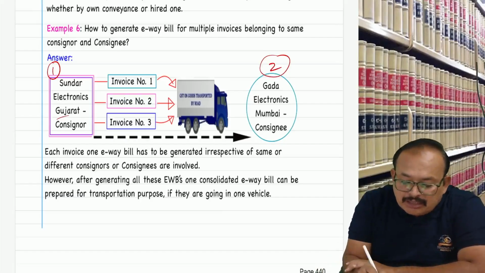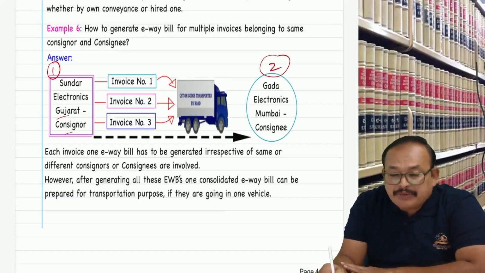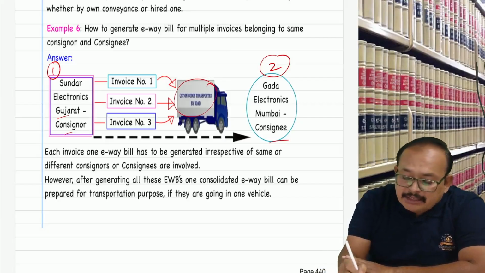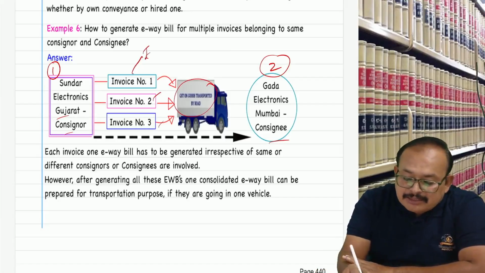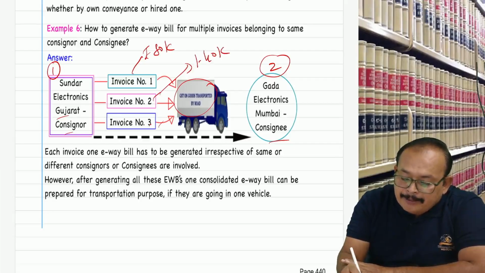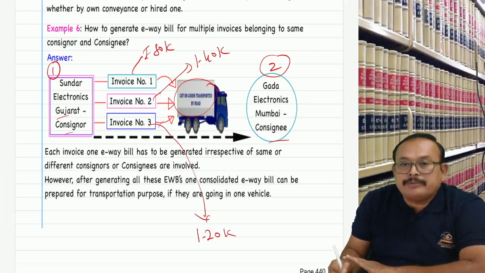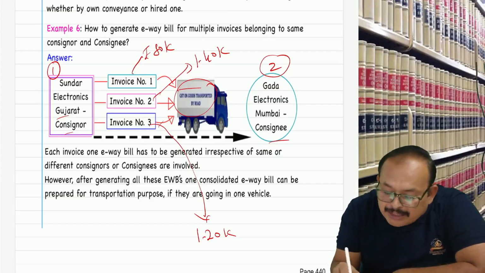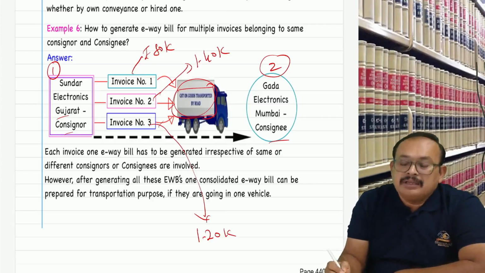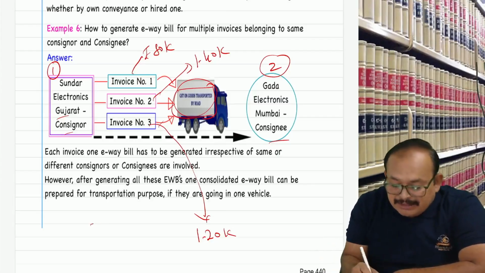Sundar from Gujarat is the consignor, Gada from Mumbai is the consignee. The transporter is carrying 3 different invoices, each invoice 80,000, 1,40,000 and 1,20,000. 3 different invoices are loaded into one particular truck: 3 consignments, 3 different boxes.